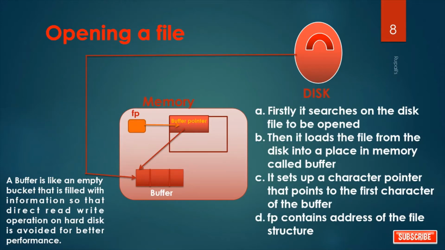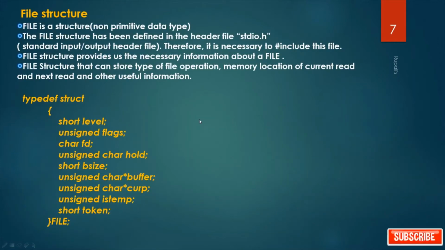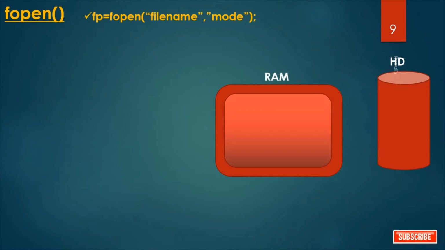We already learned about the file structure. See here, in this structure there is a buffer pointer. This is our file structure, and FILE *fp, fp contains the address of the file structure.